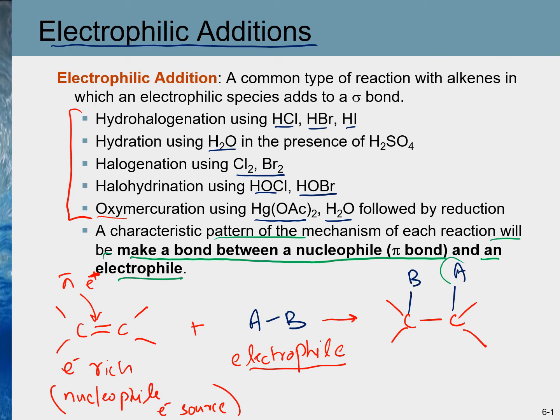Can A or B be added to any of these carbons, or is it a specific location where the A will go or where the B will go? All of those questions will be answered in the next few slides.